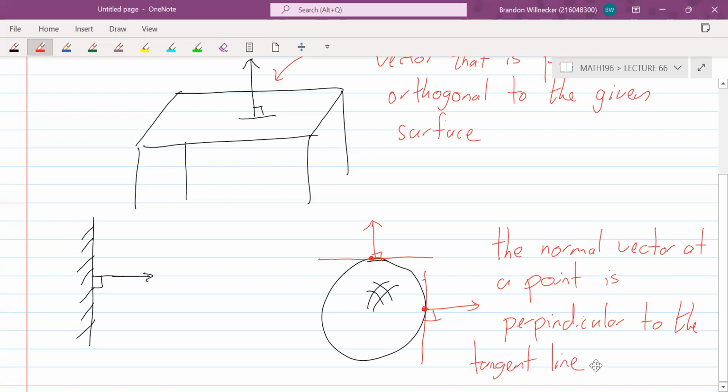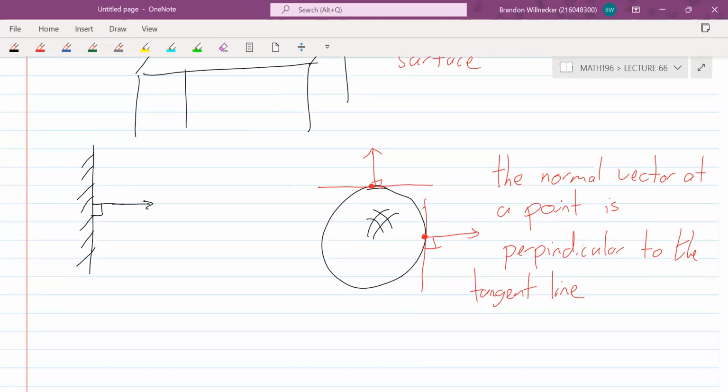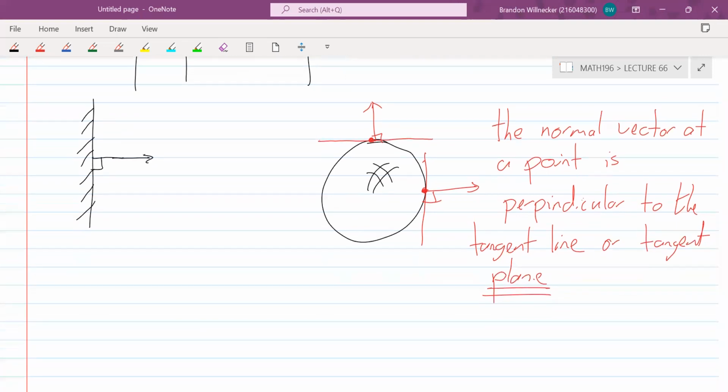If you're working in 2 dimensions, then you've got a tangent line. If you're working in 3 dimensions, we call it a tangent plane. And this is what we're going to be discussing now, this idea of a plane and its normal. Again, if we look at this idea of the ball, let's draw that a bit bigger.